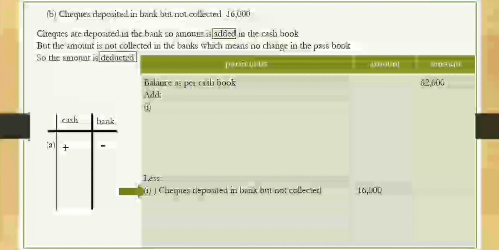The checks are not collected by the bank, so the amount is not added in our passbook. So there is a difference. Since the amount is added in the cash book but it is not recorded in the passbook, the amount is deducted or reduced in the BRS. So here it is, checks deposited in bank but not collected, amount 16,000.